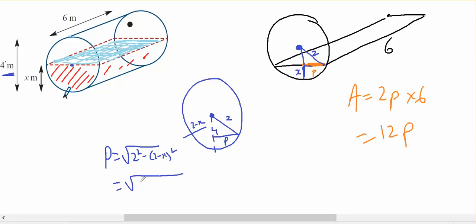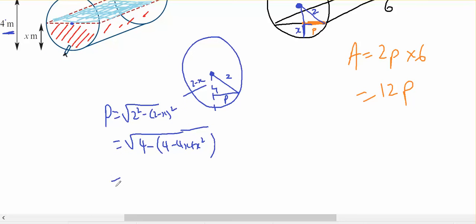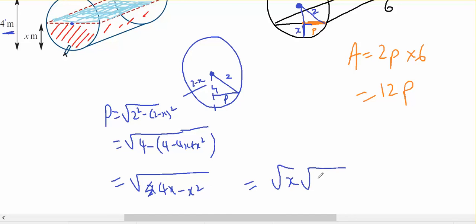which will be the square root of 4 minus 4 plus 4x minus x squared, which will equal the square root of 4x minus x squared, or the square root of x times the square root of 4 minus x, which means A is going to be 12 times the square root of x times the square root of 4 minus x.